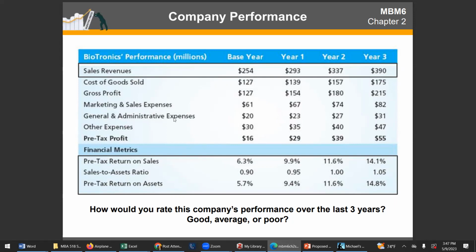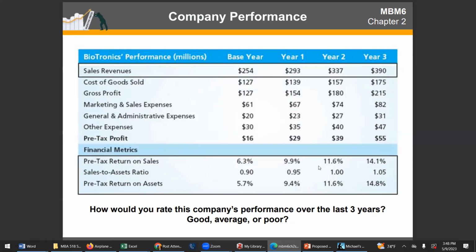One of the big takeaways here is that the pre-tax profit is going up, and we would say, wow, that looks great. From the typical financial metric standpoint, pre-tax return on sales is going up.